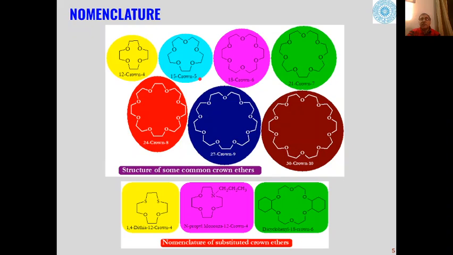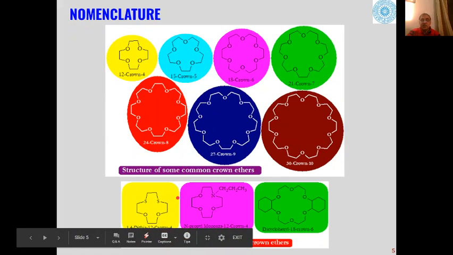Similarly 15-crown-5 means total number of atoms 15, and 5 is the number of oxygen atoms. 18-crown-6 I have already told you. Similarly 21-crown-7, then 24-crown-8, 27-crown-9, 30-crown-10. Depending upon the total number of atoms present and the number of oxygen atoms present, we give the name to these crown ethers.